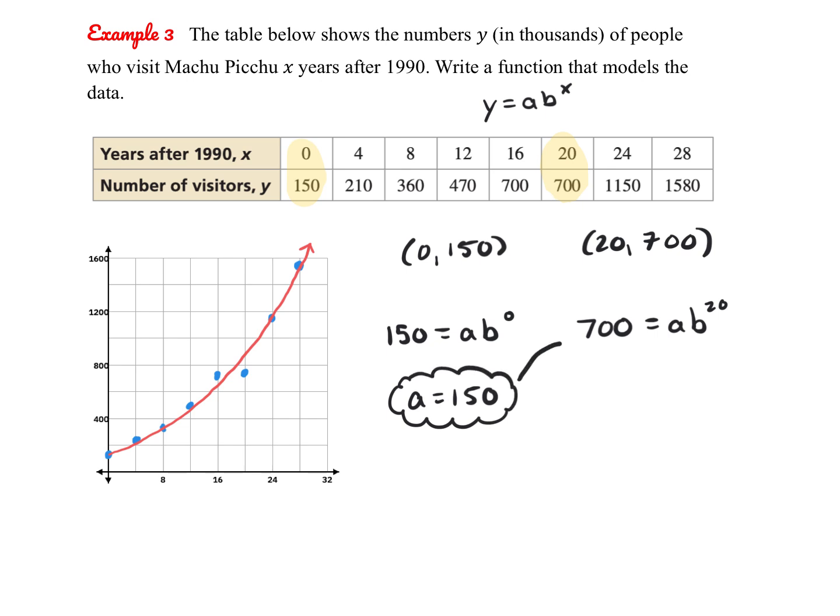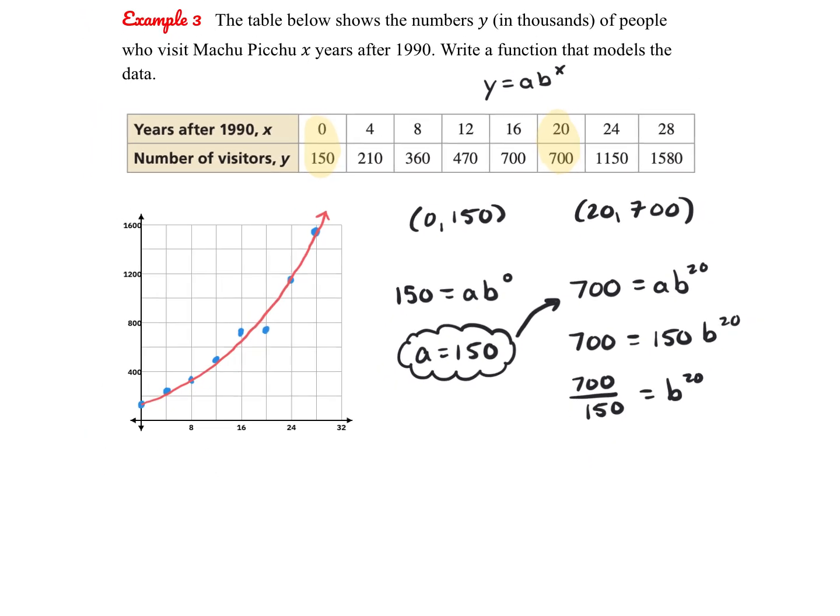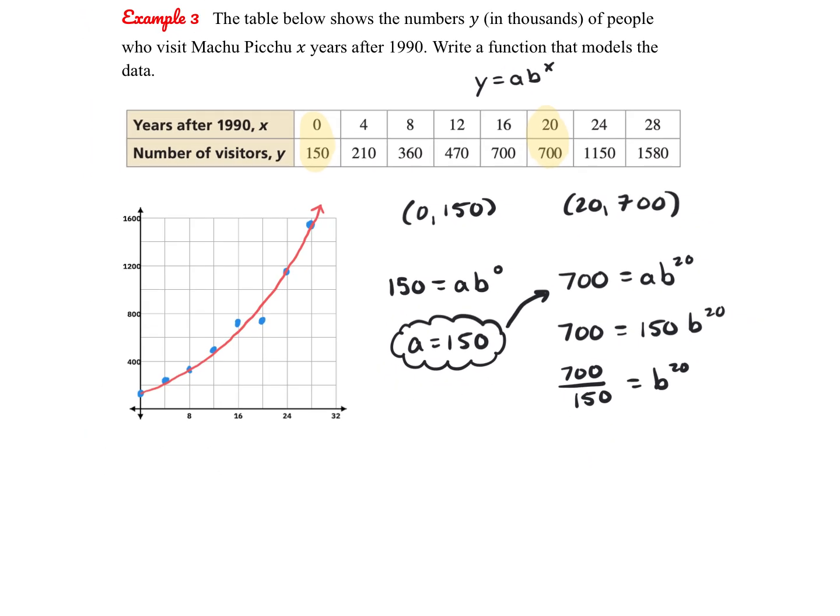So with this one, we can actually solve for a completely. I could take that and plug it into my second equation, 700 equals 150 times b to the power of 20. So I can divide both sides by 150. And here, I know this is going to seem a little strange, but if I have something to the power of 20, the way I undo that is by taking the 20th root.